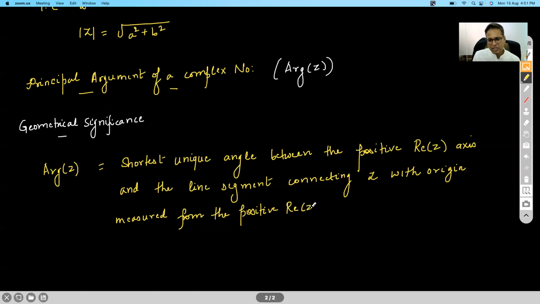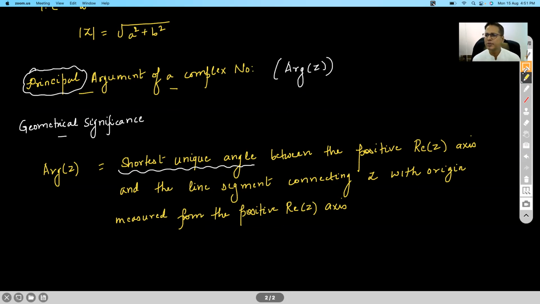Okay, so it's very simple. It's the shortest unique angle. Unique means only one possible value of argument or principal argument can come. You cannot have multiple principal arguments. The name principal itself means the main guy, like how we have principals in our school. So he's the main person of the school, isn't it?